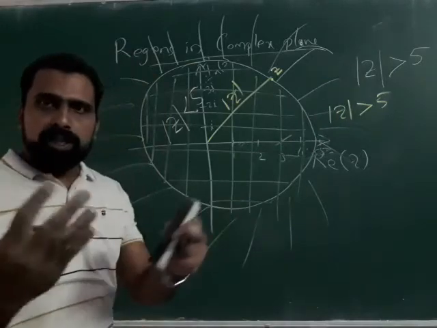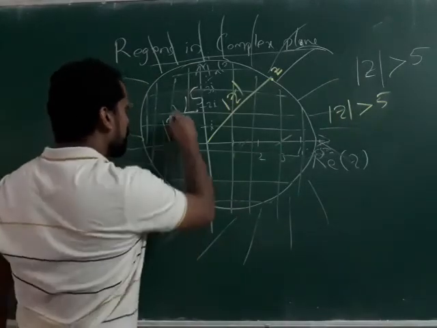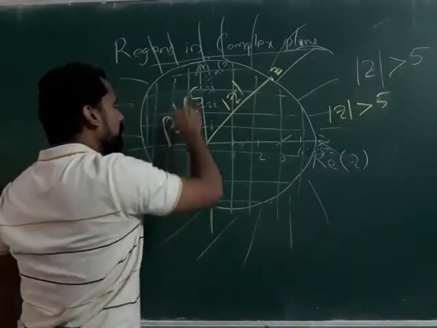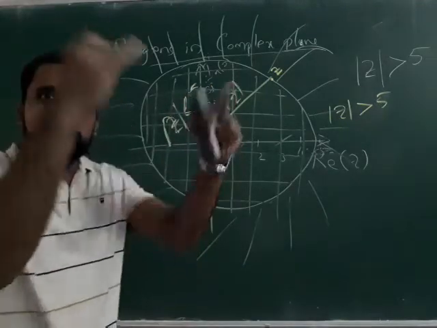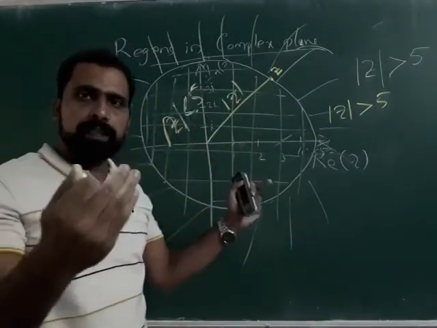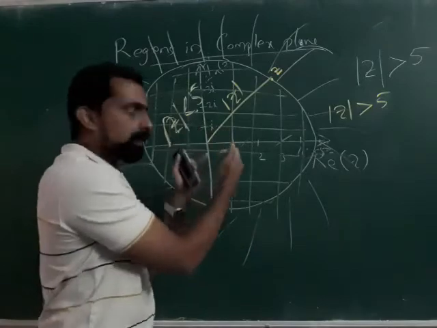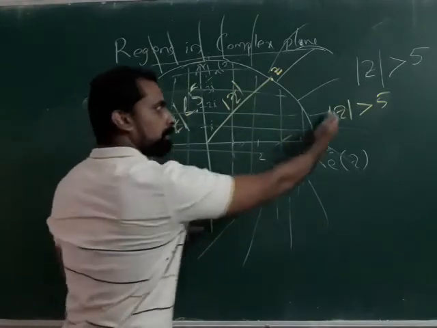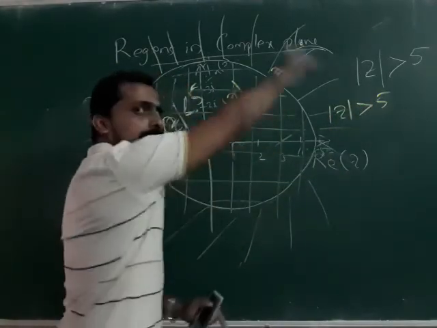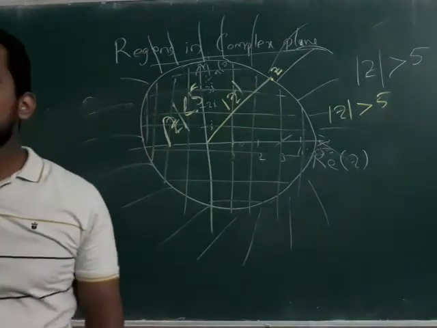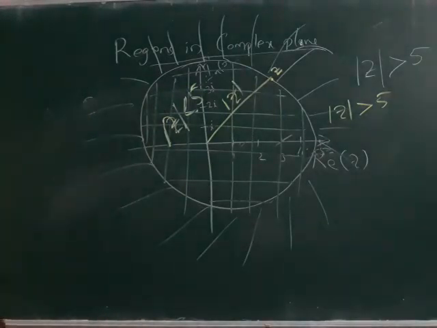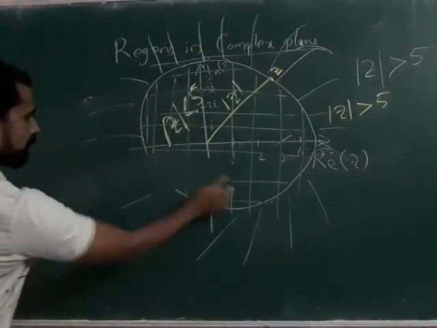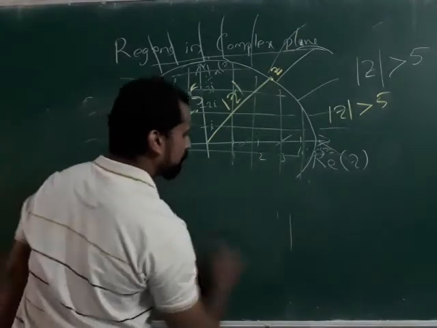And mod z less than 5 means all the points in this complex plane where mod z becomes less than 5. So this is the region, and mod z greater than 5 is the outer region.